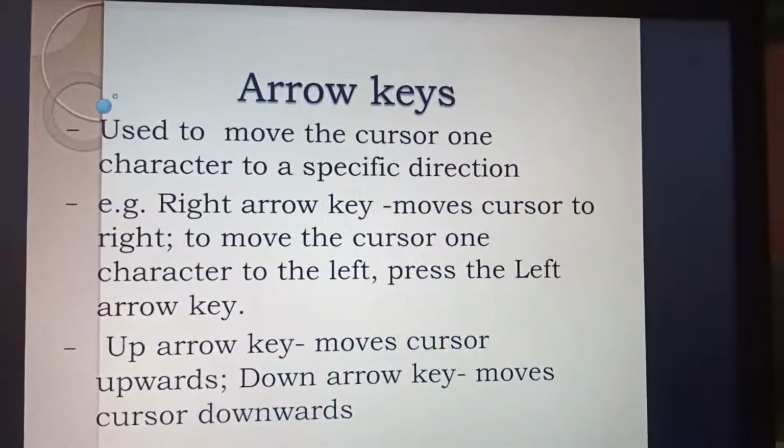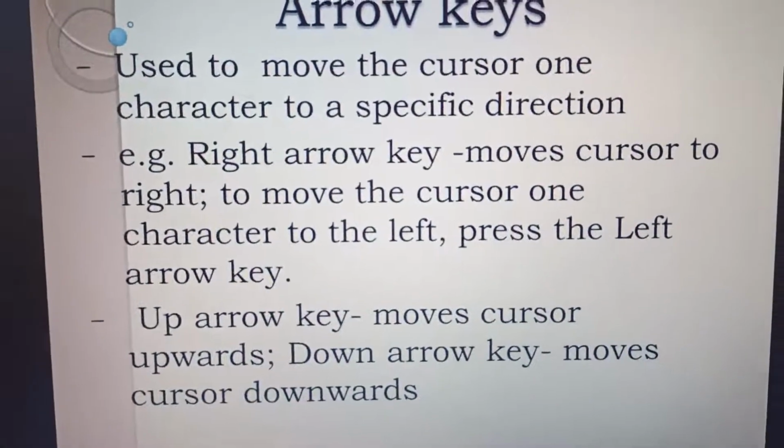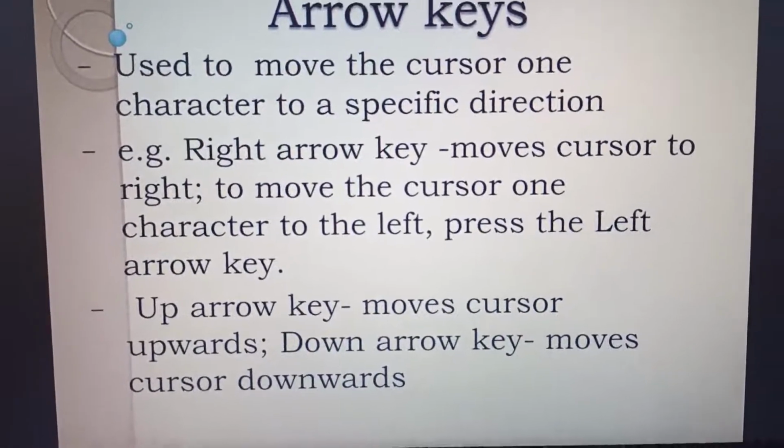The arrow keys. These ones, you can see they have some arrows marked on top of the keys, and the work of these arrow keys is to move the cursor one character in a particular direction.